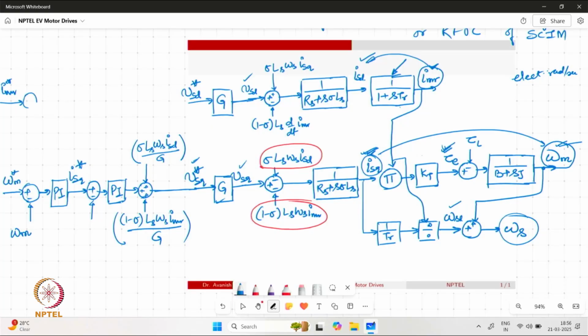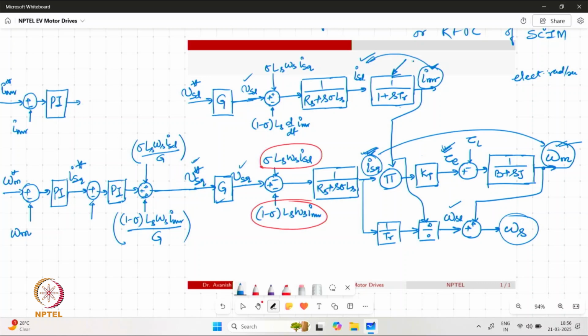And once again, going by the feedback control method, we have the feedback IMR subtracted from the reference, and the error is fed to the PI controller responsible for reducing the error between the IMR reference and IMR.